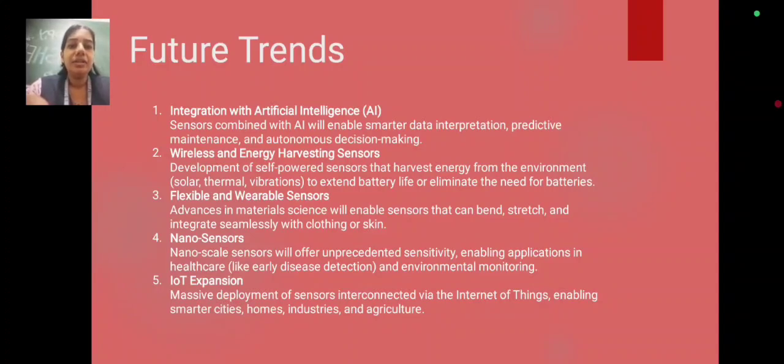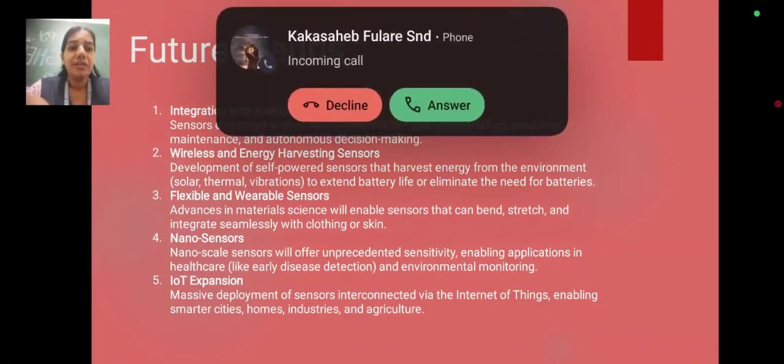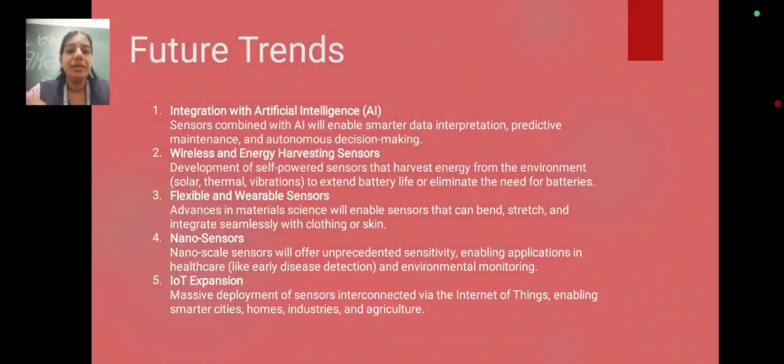With AI, sensors combined with AI enable smarter data interpretation, predictive maintenance and autonomous decision making. In wireless and energy harvesting sensors, the development of self-powered sensors that harvest energy from the environment, solar, thermal, vibrations, extends battery life or eliminates the need for batteries.